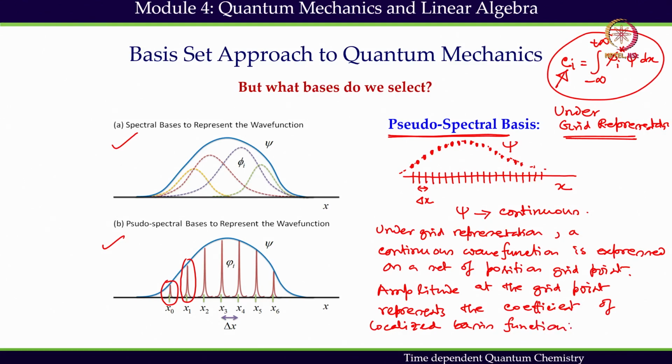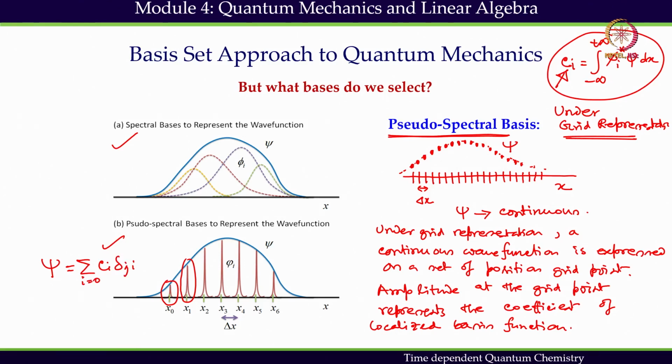So, what we are doing here is that I have this psi under grid representation. Psi would be represented as summation of C I delta I, starting from I equals 0.